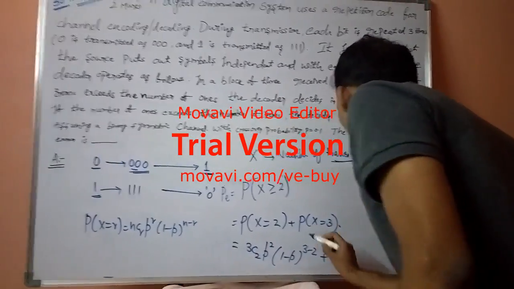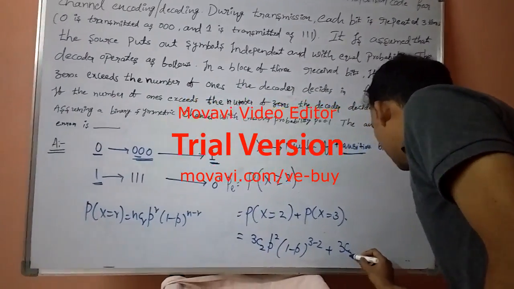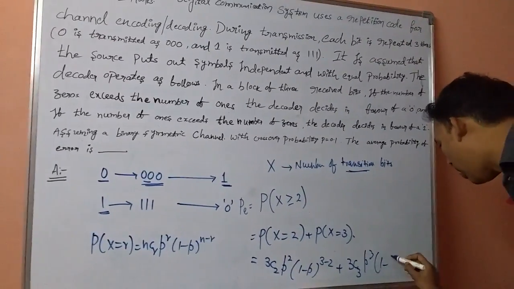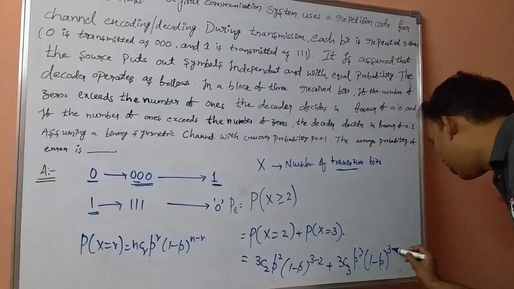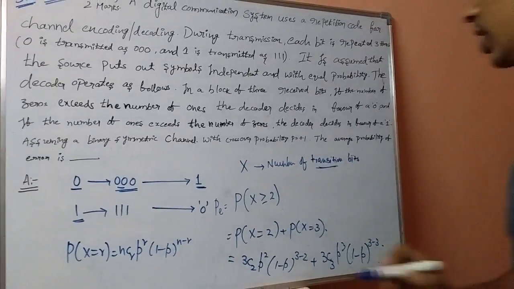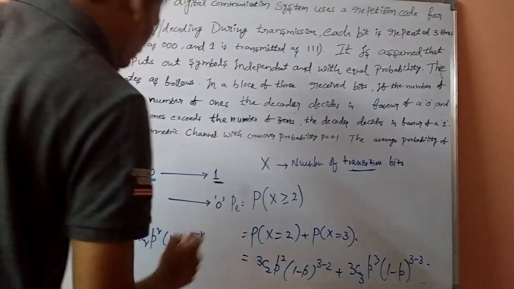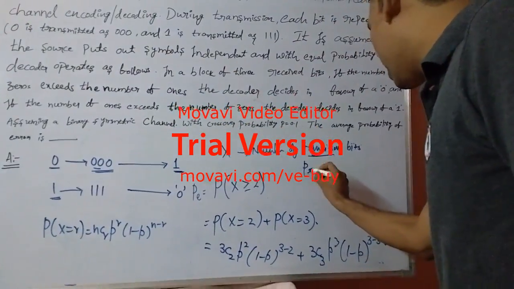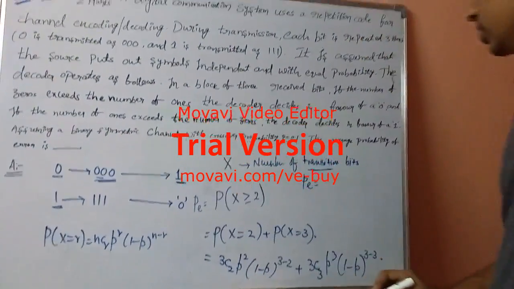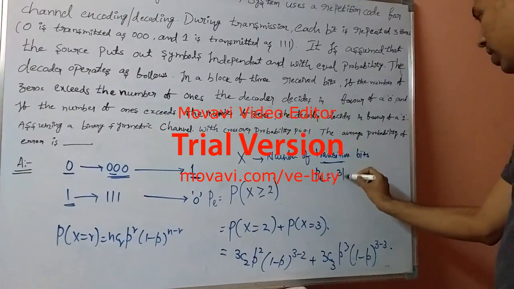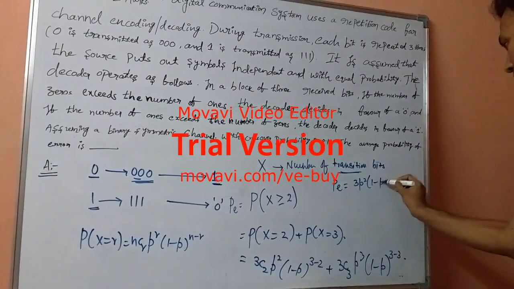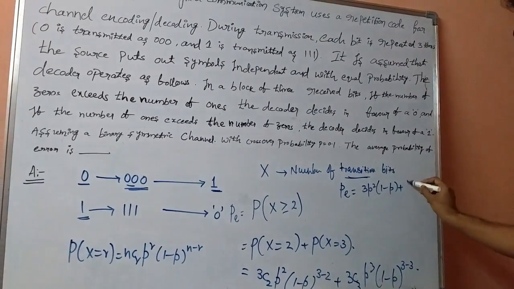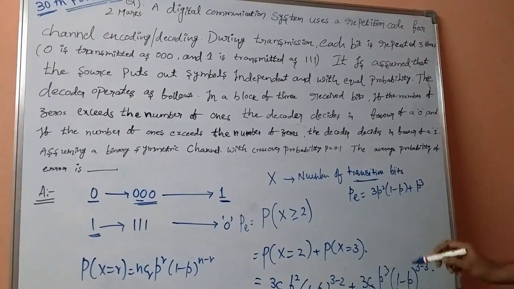So next P of x equal to 3. So 3C3 and P cube into (1 minus p) whole power 3 minus 3, so that the probability of error is equal to 3C2, which is nothing but 3, so 3p square into (1 minus p) plus 3C3 equal to 1 and p cube into (1 minus p) to the power of 0 equal to 1.